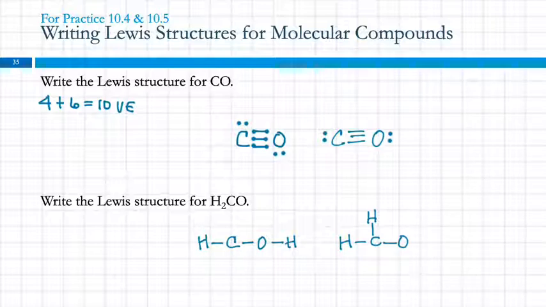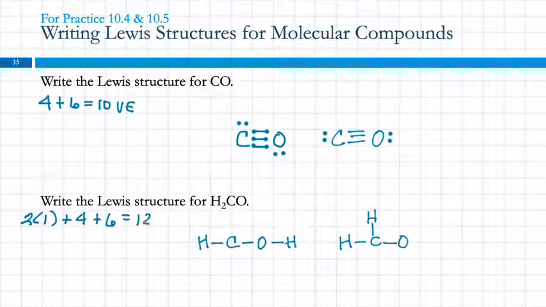So then we need number of electrons. So we have 2 hydrogens. They each have 1 valence electron. We have carbon with 4 and oxygen with 6. And so this structure has 12 valence electrons, right?